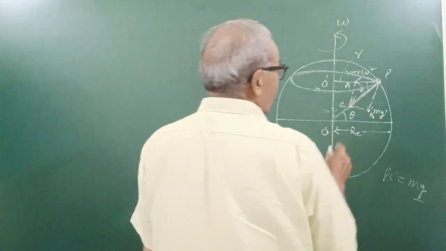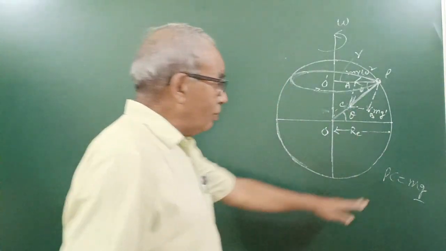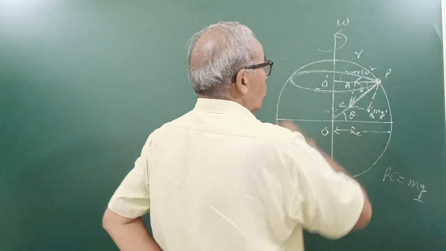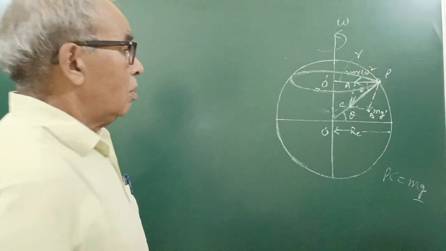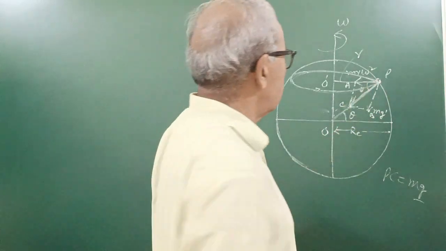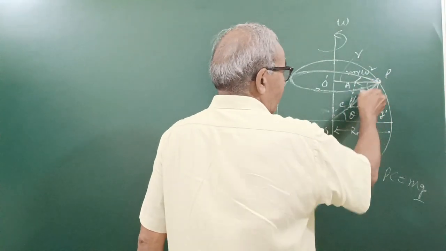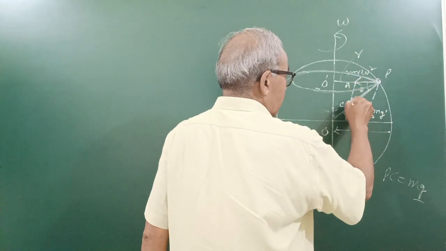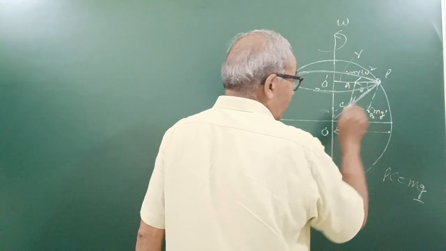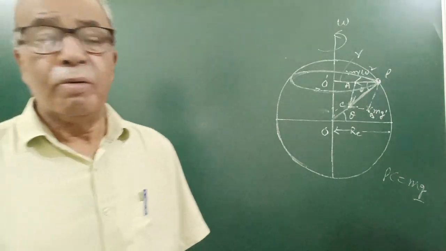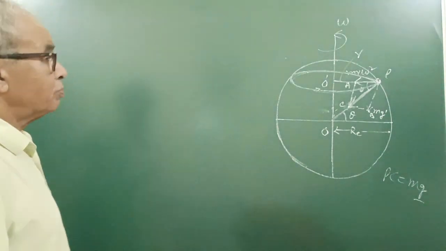So a component of this mg weight will provide my central force towards PO dash radius. So this mg can be shown as a sum of this and this. This is the value of this, so this will be mg dash. So the value of g dash, the value of g, will change.